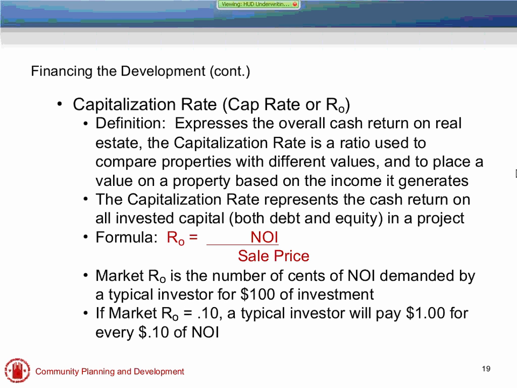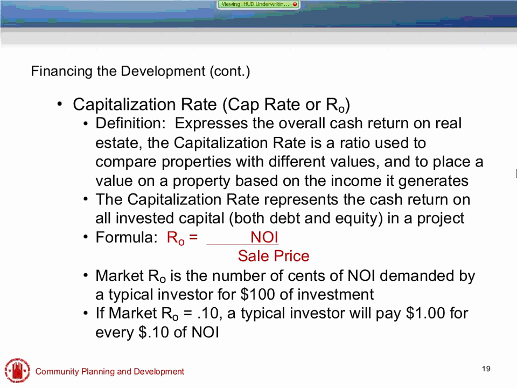The capitalization rate compares the cash that's available to all sources of capital, both debt and equity, in relation to the amount of cash that's used to pay for the property.